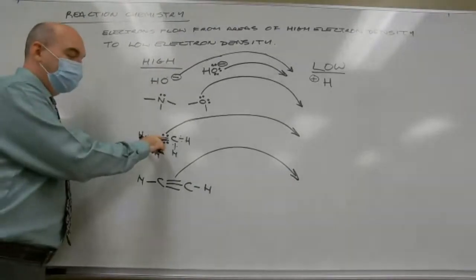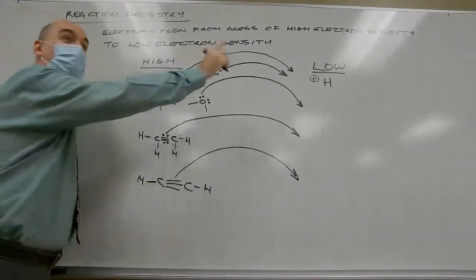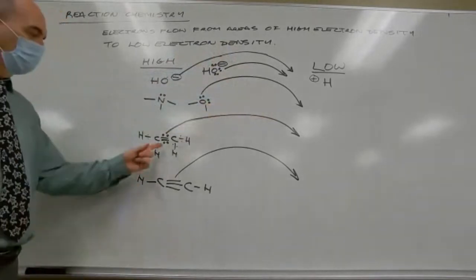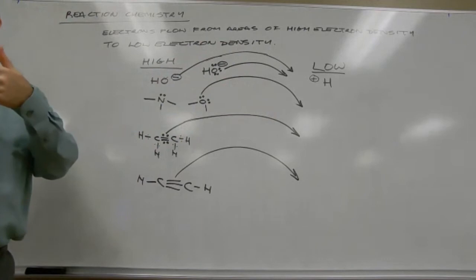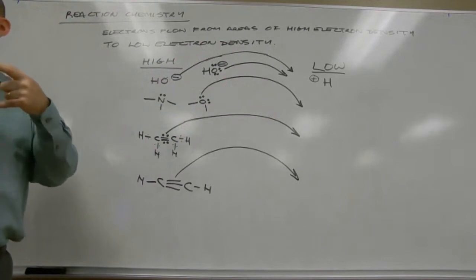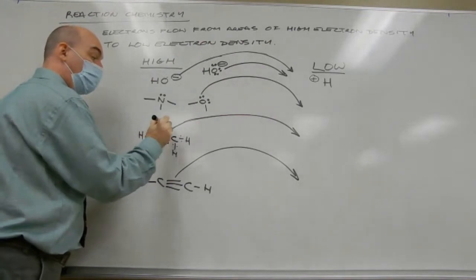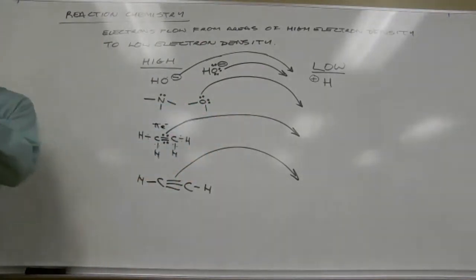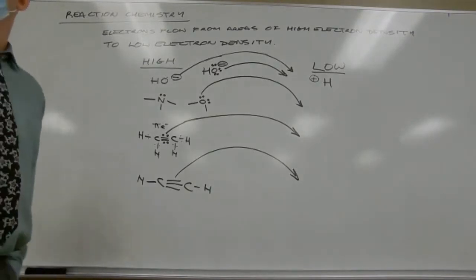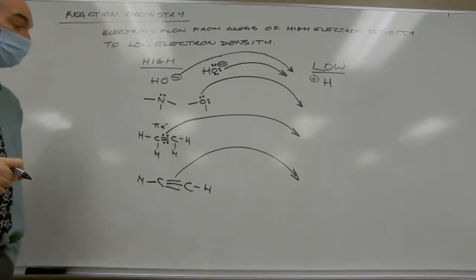If I take a pair of electrons out of this alkene and do something with them, those carbons are still connected to each other with the sigma bond that is underneath the pi. So it's going to be the pi bond that moves. It's the pi electrons that are given away. The sigma electrons hold the framework of the carbons together. The pi electrons are your area of high electron density. Okay.